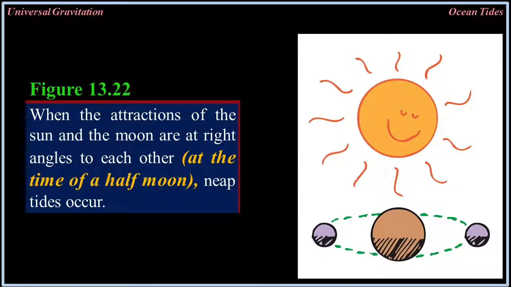As a result, the solar and lunar tides do not overlap, so the high tides are not as high and the low tides are not as low. Figure 13.22. When the attraction of the sun and the moon are at right angles to each other at the time of a half moon, a neap tide occurs.